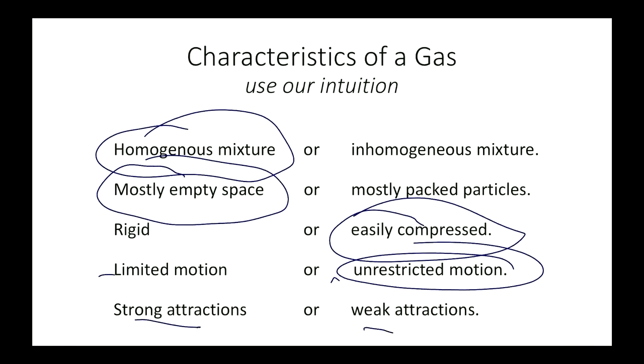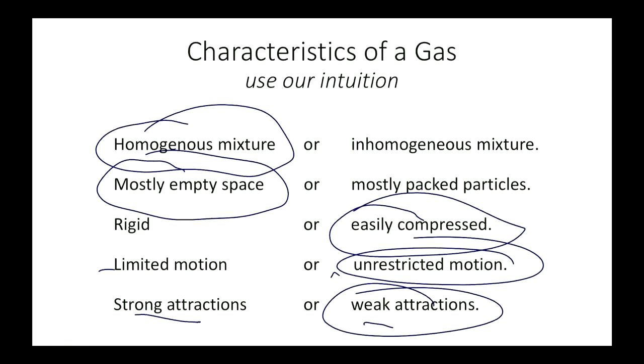Yeah, that's a little tricky one. Think about it. Unrestricted motion. Two particles collide and they have an elastic collision, meaning that all of the energy is transferred. So is there any attraction between the particles if there's a completely elastic collision? No, yeah, so there are very weak or no attractions between gas particles.